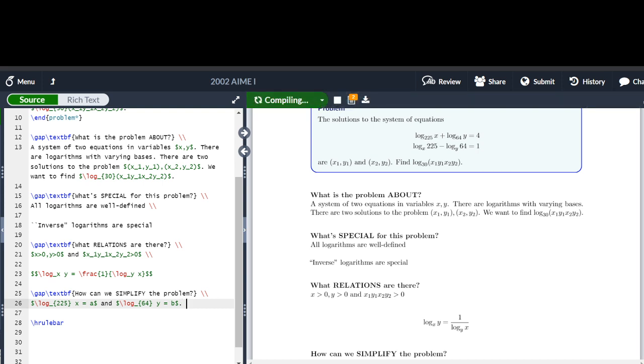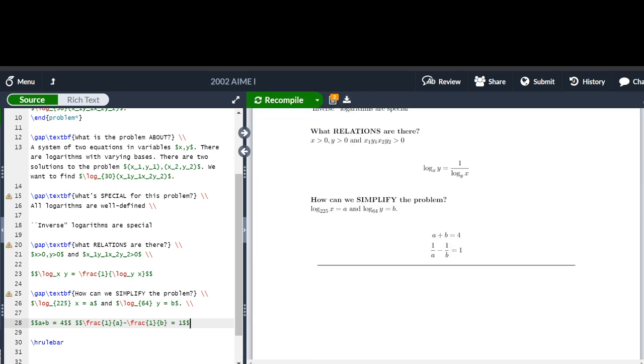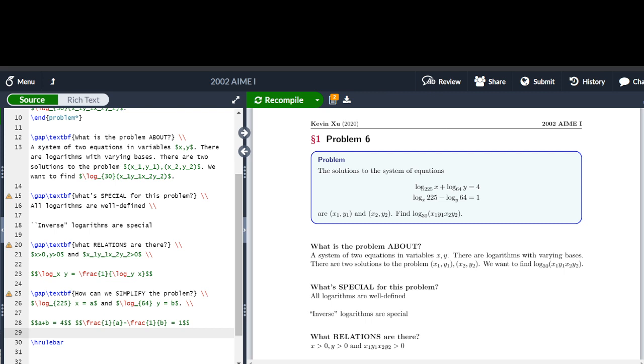And substituting in, this gives us the two equations, a plus b equals 4, and 1 over a minus 1 over b is 1. Now this is a lot easier to see and to derive formulas out of than our original equation, which was based on logs.